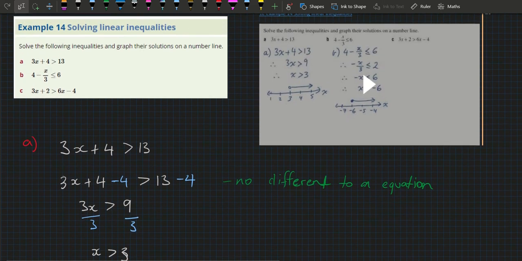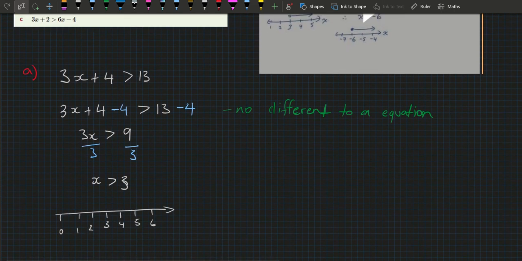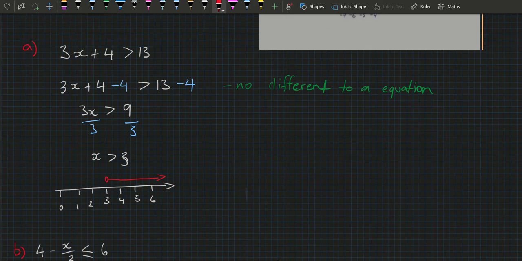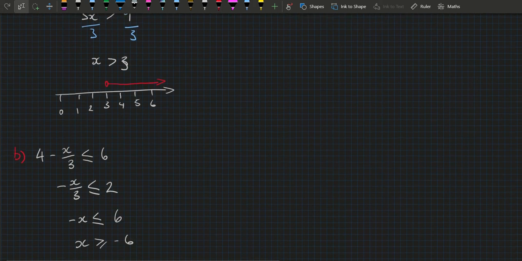To draw that on the number line, x is strictly greater, so I'm going to use a red line, strictly greater than, and it's off to infinity. Away we go! All right, and next one, part B.